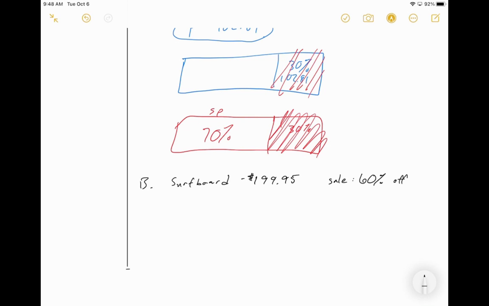All right. So if I know that the sale is 60% off, I know what percentage is left over. Sales price is going to be 40%. There is my percentage. 40 over 100 equals P over 199.95.